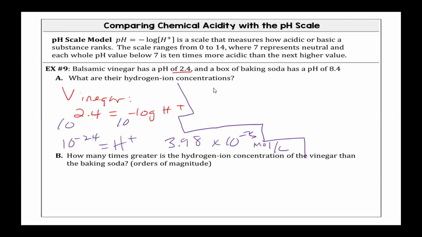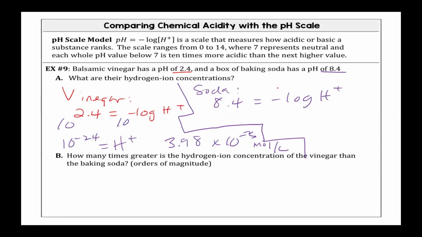All right, let's see how you did on baking soda. For baking soda, our pH is 8.4. So we start off with 8.4 equals negative log of H plus. We're using our inverse operations.